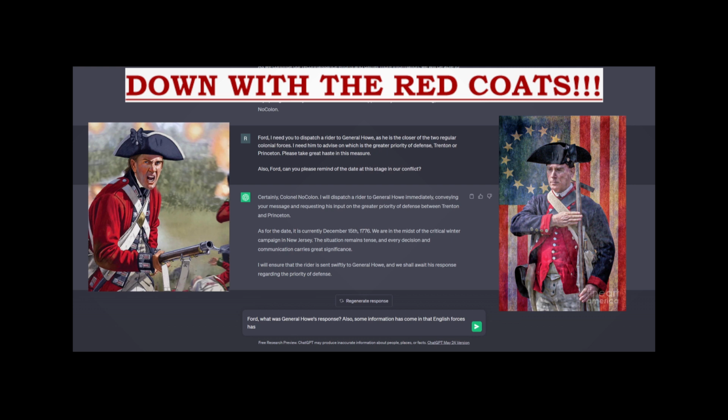Okay. English forces have established presence in Trenton. I believe General Washington is planning a move there the next few weeks.